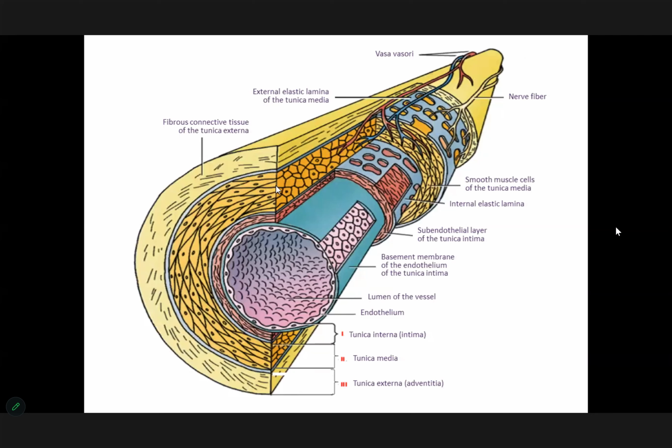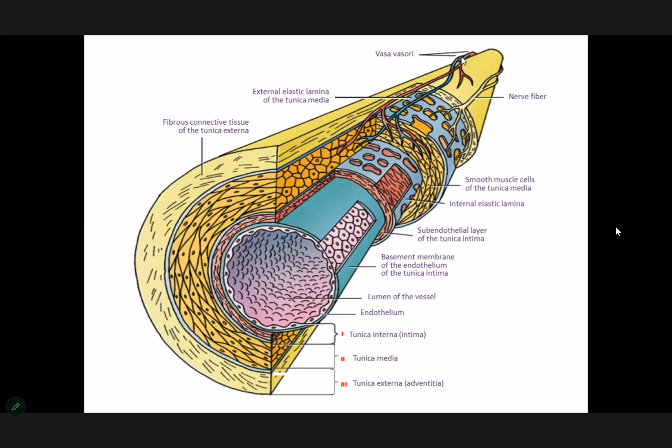It consists of smooth muscle cells and some elastic elements, and also some amount of collagen fibers, other fibers, amorphous substance, and a very tiny amount of loose connective tissue. And the outermost layer is the adventitia, which includes the external elastic lamina or membrane and loose connective tissue.